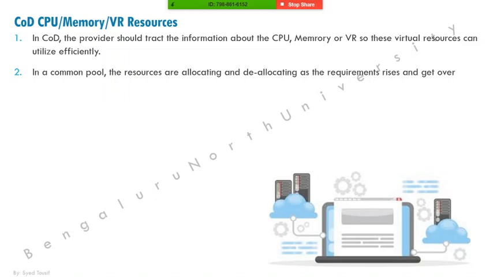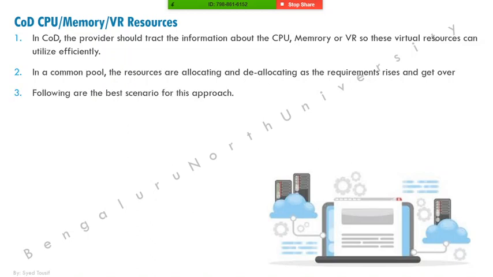Cloud on demand is nothing but one common pool. The user requests, takes commissioning of the resource, utilizes it, and then leaves, meaning deallocating or decommissioning the resource after utilization. So it is a common pool. Resources are allocated and deallocated as the requirement rises and gets over.